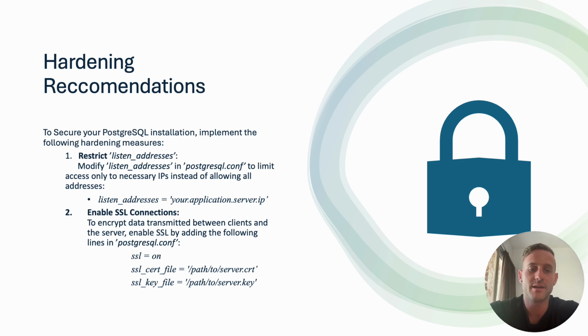Modify the listen_addresses setting in postgresql.conf to limit access to only necessary IPs instead of allowing all addresses. Again, during the installation, we set it to allow all just for testing purposes. Now, we definitely need to change that. So add this line in that file with the IP addresses that you want coming in, that are allowed.